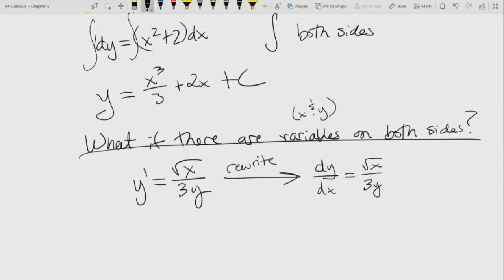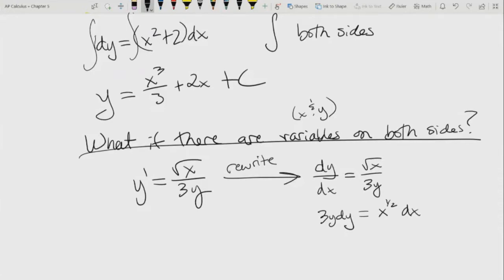And then I'm going to rearrange this thing a little bit. I'm going to put all of the y's on one side and all the x's on the other side. So I'm going to take this 3y and multiply both sides by it. So I'll have a 3y dy on the left side, and on the right side, it's going to be the square root of x, which I'm going to write as x to the 1/2 from here on out, dx.